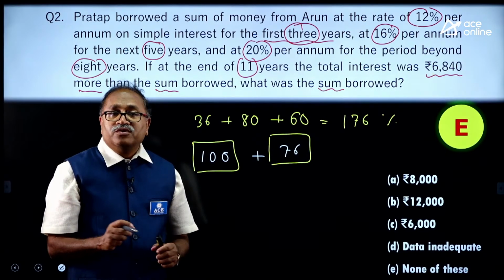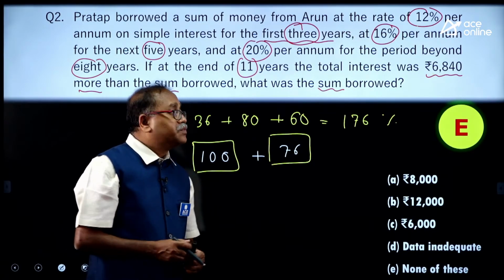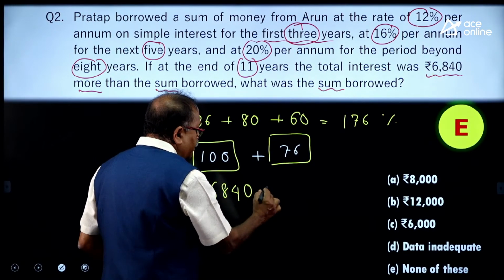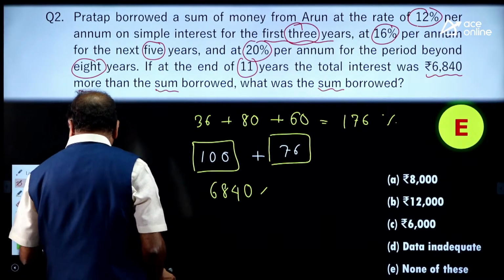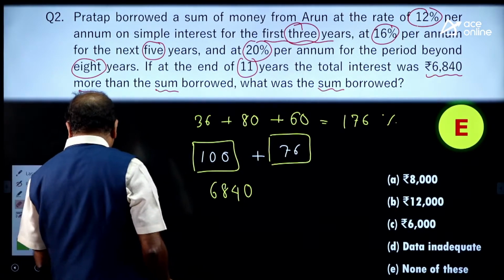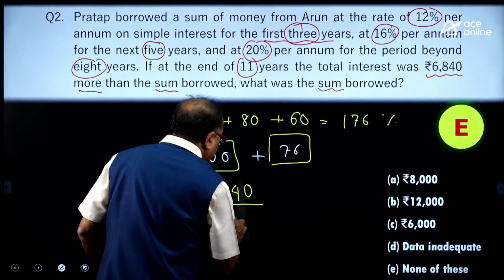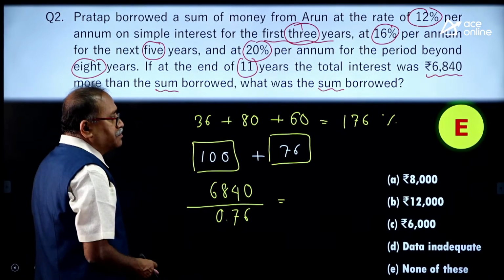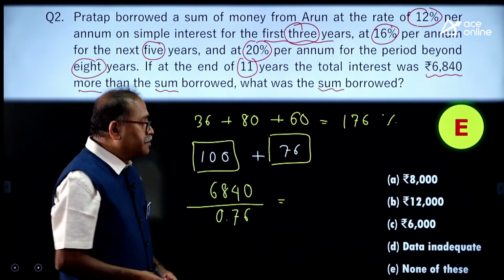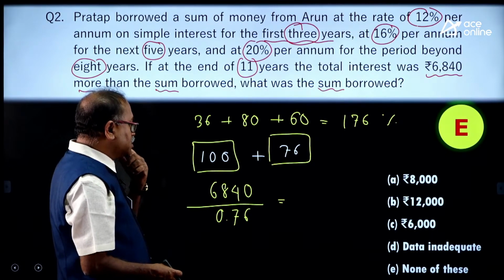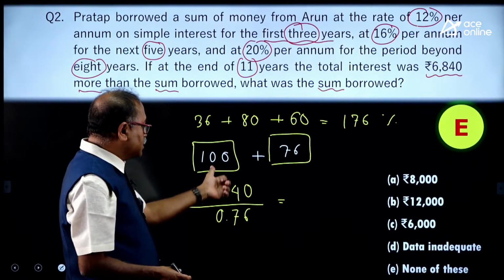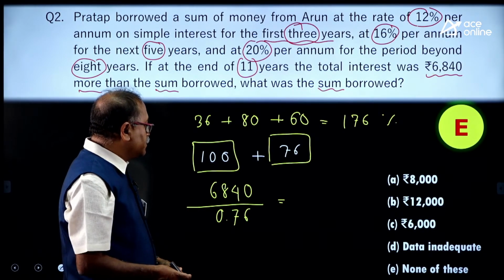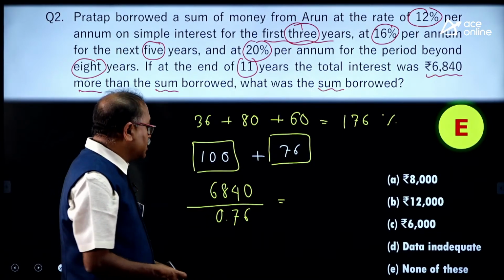I need to find out what is 100%. So, let us begin here, that is 6,840 divided by 76%, that is 0.76, you will be getting the sum, right. So, how much is this? Can you notice that it is getting cancelled by 9 times, 9 6 54 and 9 7 63 and 5, so 90 times.